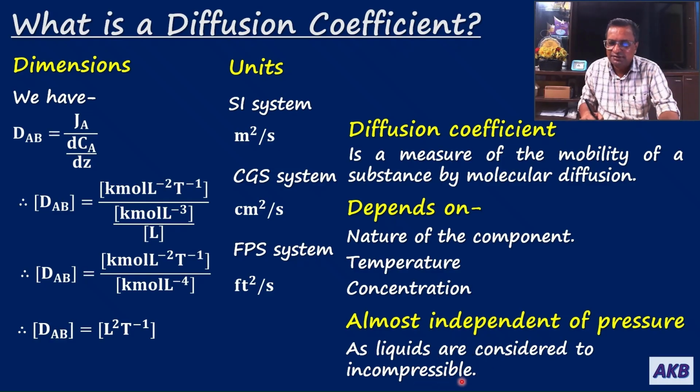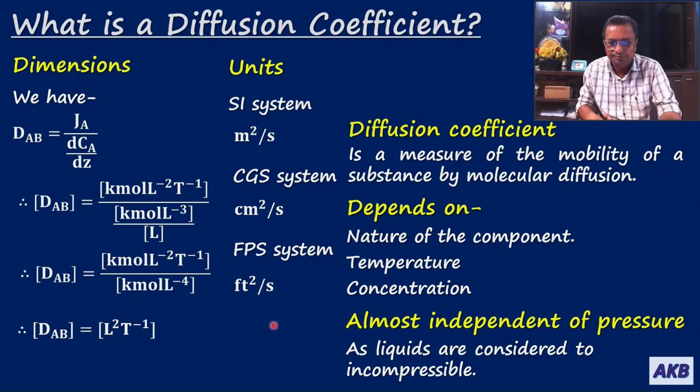So as liquids are considered incompressible, diffusion coefficients for liquids are almost independent of pressure. And you will come to know shortly that in the equations proposed for estimating diffusion coefficients, there is no pressure, which indicates that diffusion coefficients for liquids are independent of pressure. The reason is we consider liquid to be incompressible.